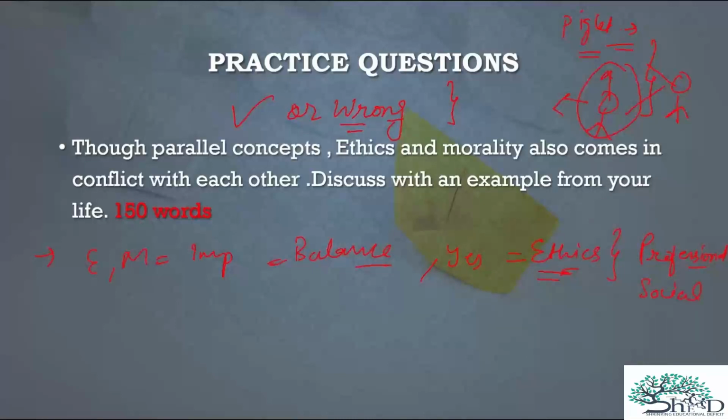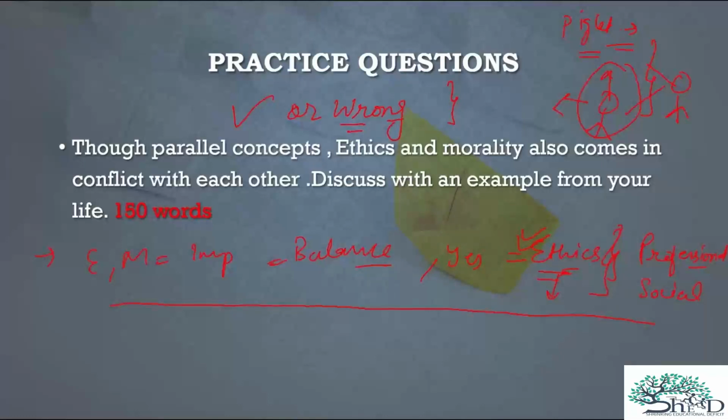Okay, although you might not have the space to write it, I'm just going to tell you that we live in a social arena, right? So sometimes you have to follow the ethics of the time and place. That's it. And this has to be very small. You have to write till here only. Ethics and morality both are important, but in the end we have to maintain a balance.